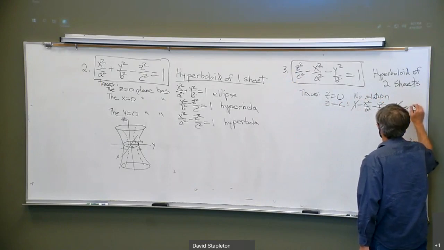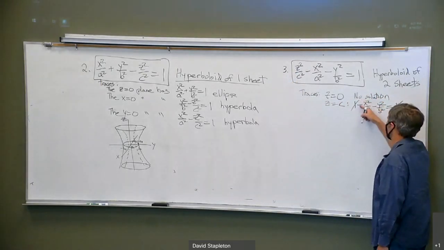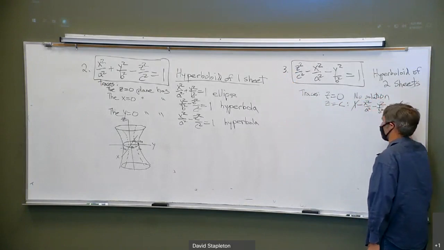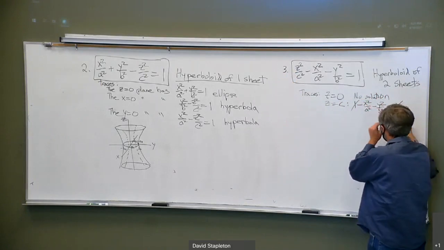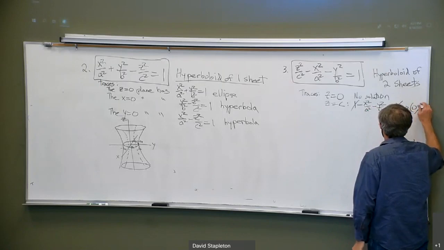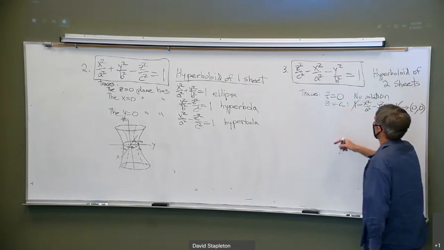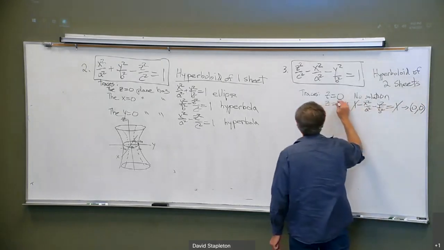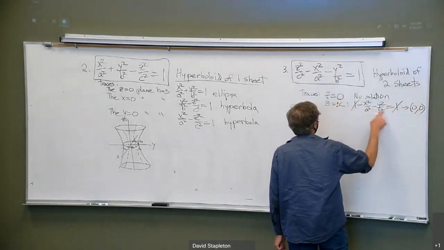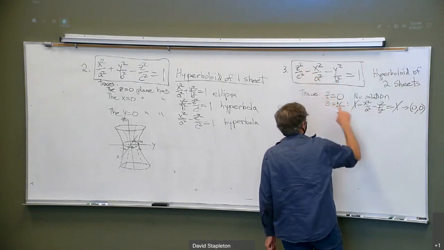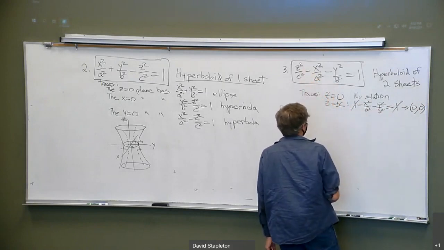That says there's only one point of solution. This is a non-positive term, and this is a non-positive term, so to add up to 0 these have to both be 0. So x has to be 0 and y has to be 0. You've got only x equals 0, y equals 0, z equals c. And the same thing when you put z equals minus c. This will be 1 here, and you'll get only the origin again.